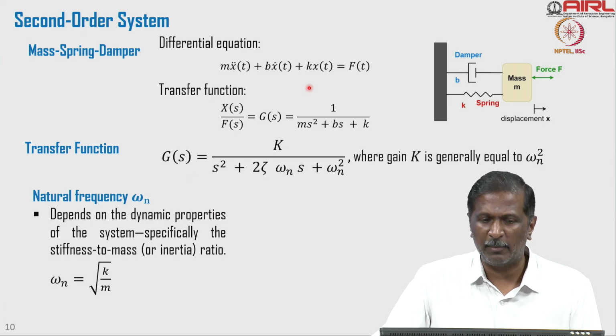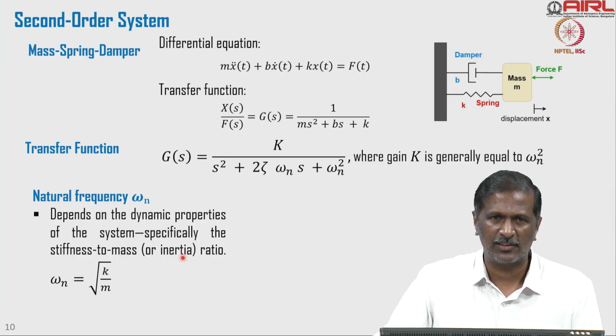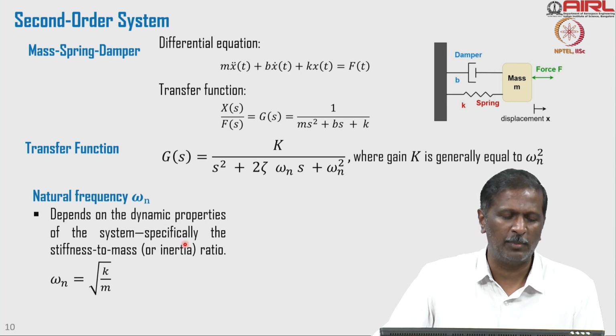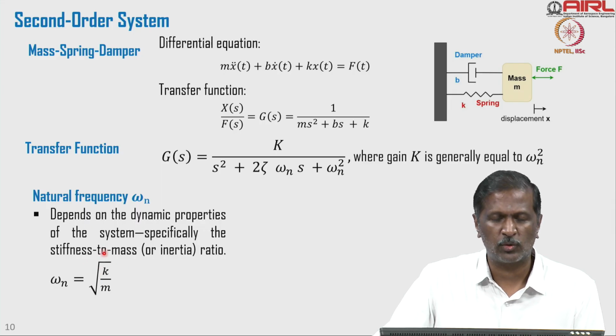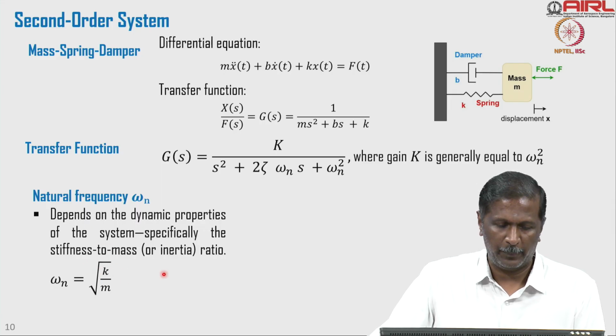It depends on the dynamic properties of the system, specifically the stiffness to mass ratio. It talks about the inertia of the system and how much oscillation you will have. For a spring mass damper, omega n is equal to the square root of k by m.